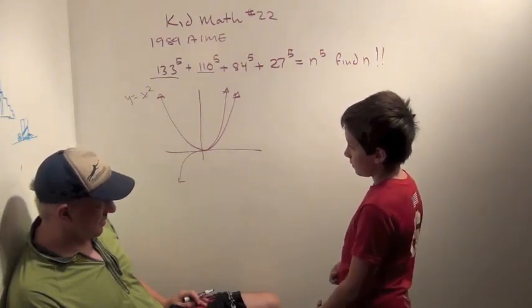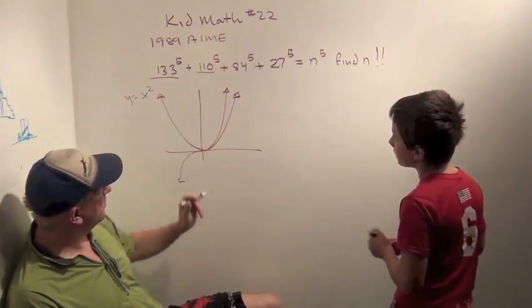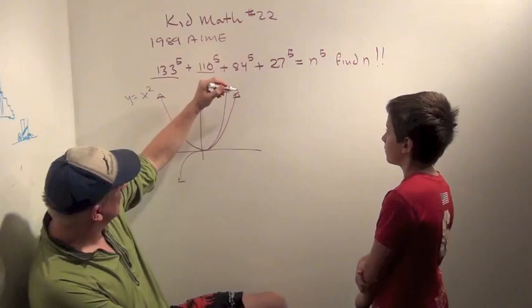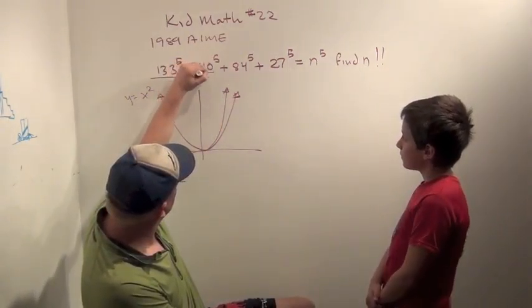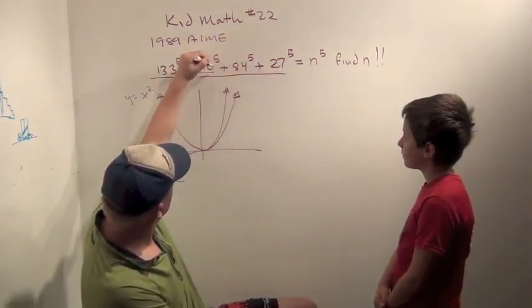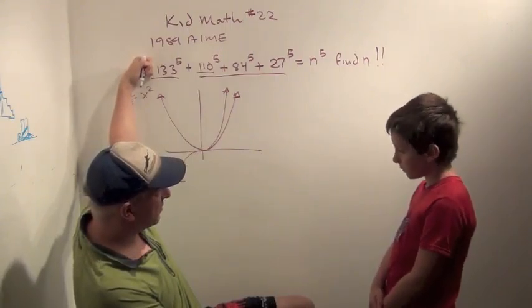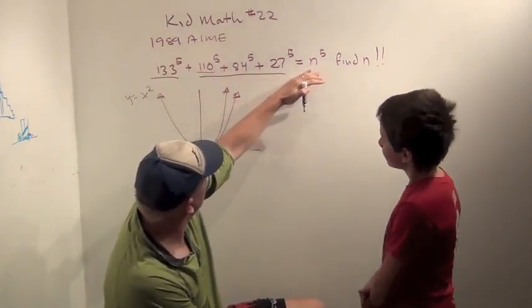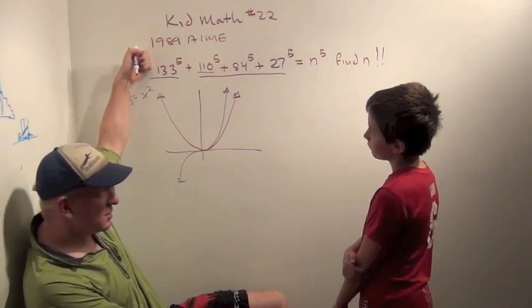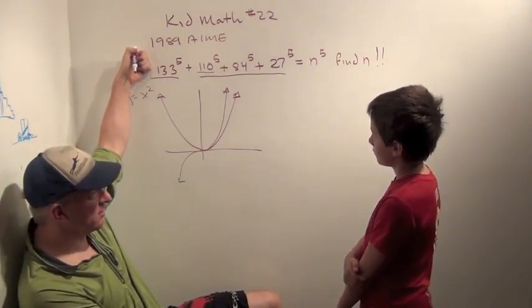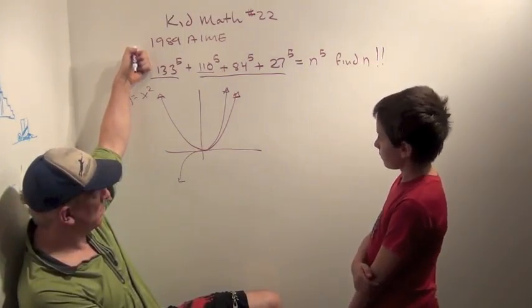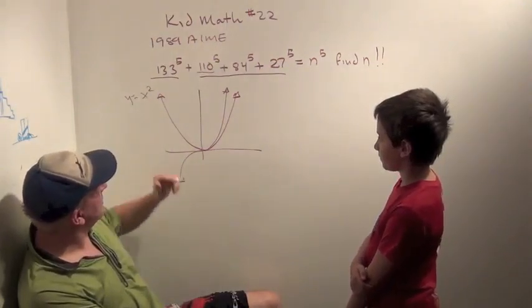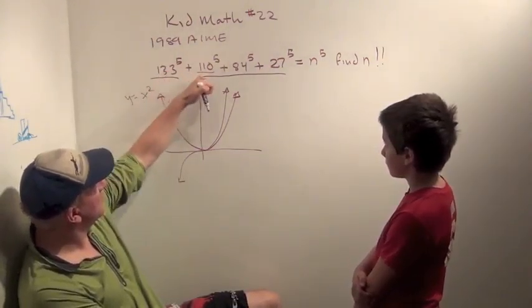Hugely bigger. So even though we're adding on some big numbers to 133 to the fifth, n is probably going to be reasonably close to 133, and that's because this is so much bigger than these ones.